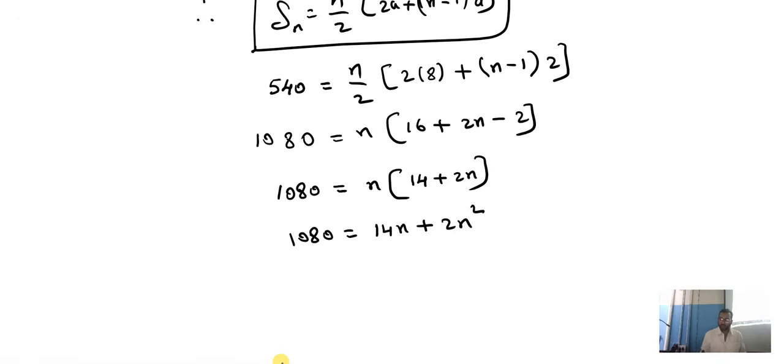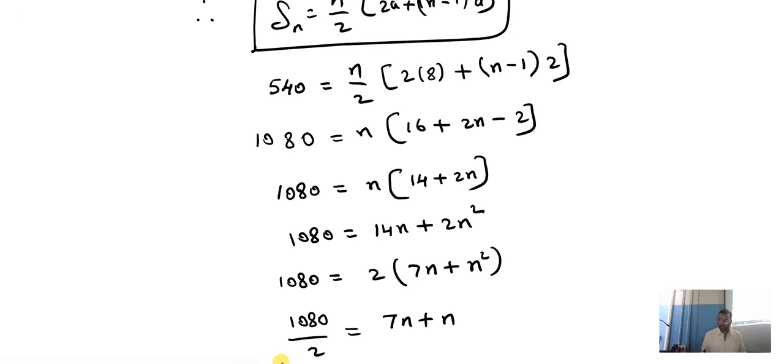I said one thing, do you remember? Yes, sir. Yeah, very good. 1080 equals, we can take 2 common. 2 sevens are 14 plus n square. Because already 2 we have taken common. Now 1080 divided by 2 is equal to 7n plus n square.